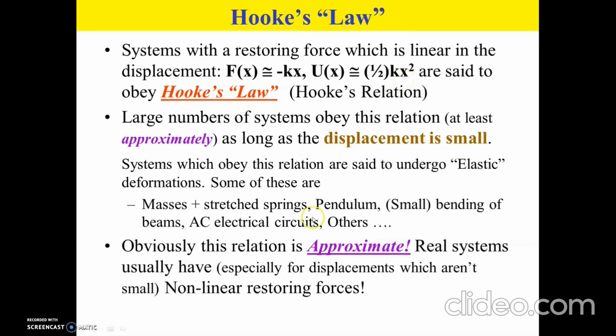I want you to realize that this problem is a much more universal problem and can be applied to any mass and spring system, and pendulum as well. It's even common in AC electrical circuits. If you're considering bending of beams, you can apply the same restoring force and find the equation of displacement.